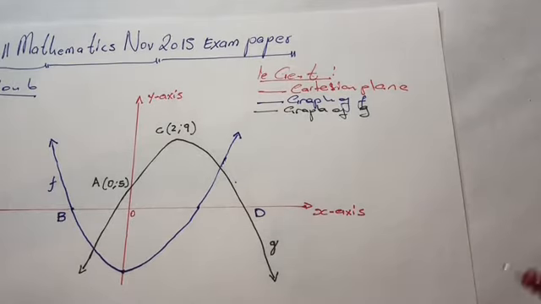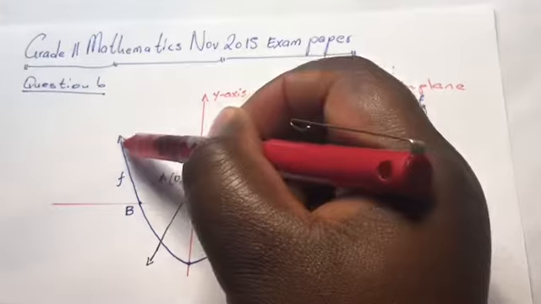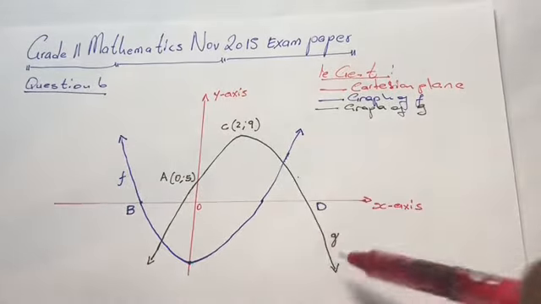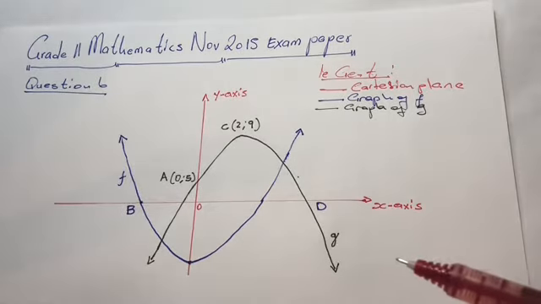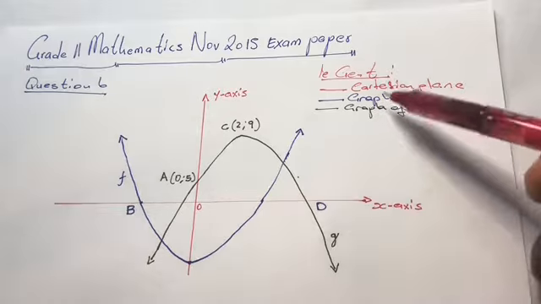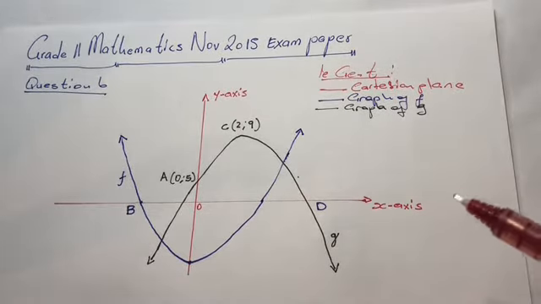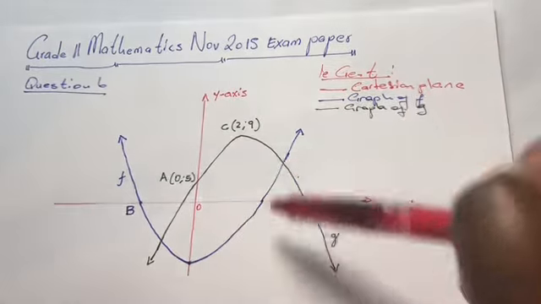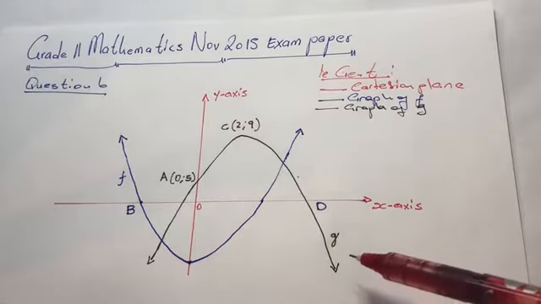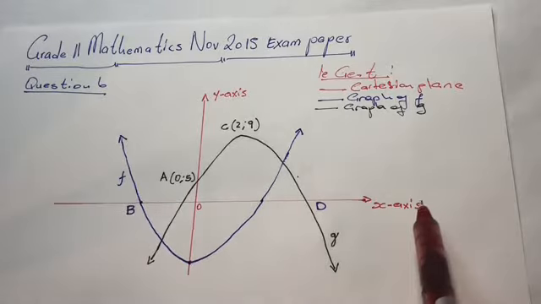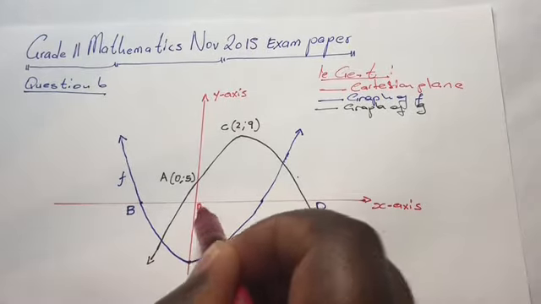As you can see, we've got one graph of f, which is a parabola, and another graph of g, which is a parabola. Making use of different colors makes it easier to follow, even when we tackle the questions. Now you are able to see your y-axis and your x-axis. This is the origin.